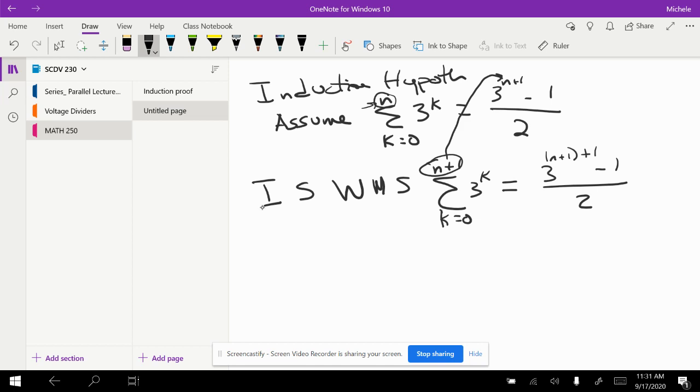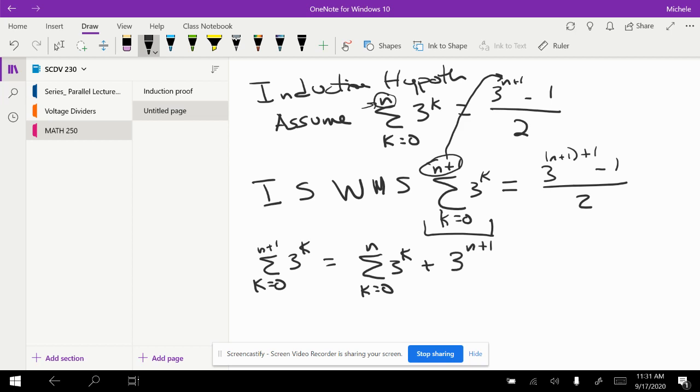Is that actually true? Well, we're going to do that little trick where the sum from k equals 0 to n plus 1 of 3 to the k is equal to the sum when we just go to n, k equals 0, of 3 to the k, plus the next term. And so the next term is just 3 to the n plus 1.